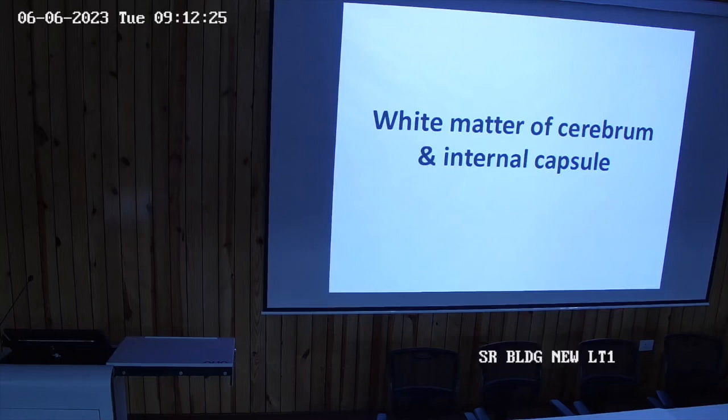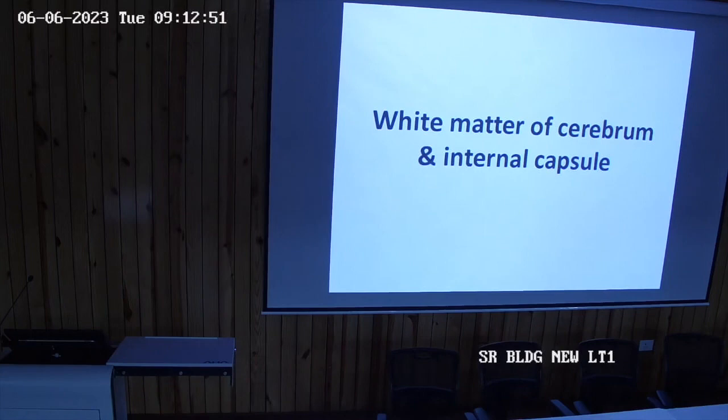Another important part: lying in the gray matter are the cell bodies of the neurons. The cell bodies of the neurons and also the dendrites are present in the gray matter, while the axons, mostly myelinated nerve fibers, are present in the white matter.